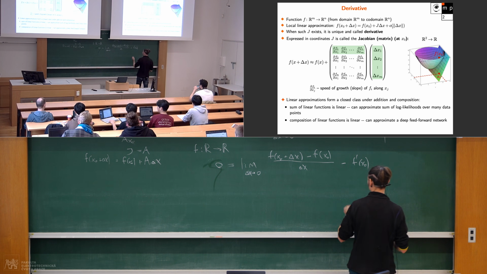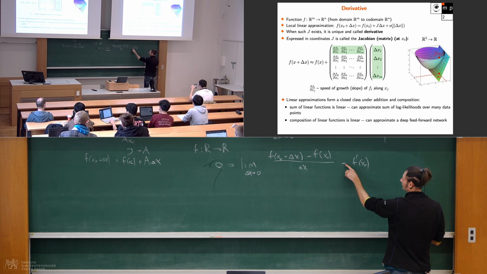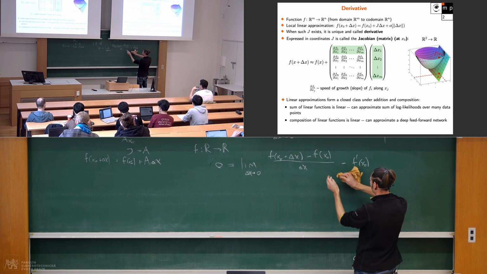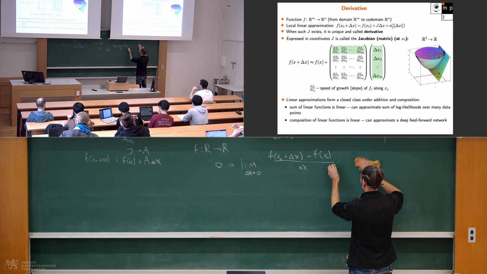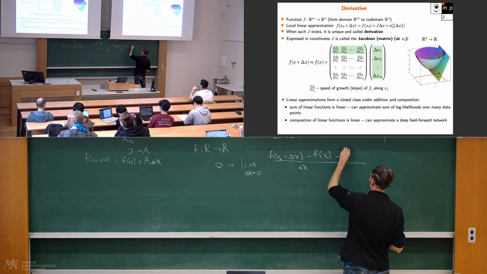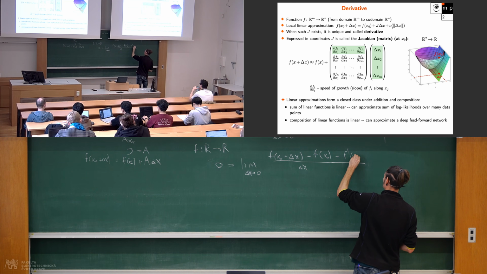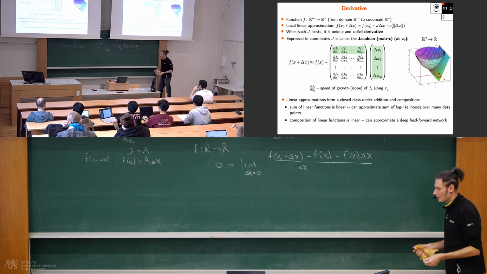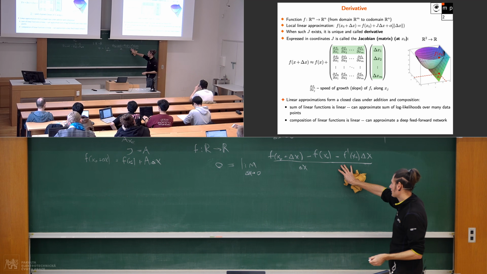And I can put this part into the numerator. So what should I do? Multiply it with delta x, right? Then I will write here minus f prime x0 delta x. And now you see that it's equivalent.